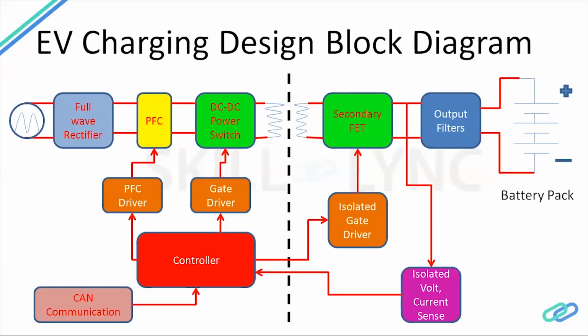So to convert that 400 volts to 48 volts, we need a DC-DC conversion with a transformer. The transformer will change the voltage levels, and in these DC-DC converters there are MOSFET switches which are switching according to the algorithms. That switching process occurs to make sure we get an output voltage of 48.